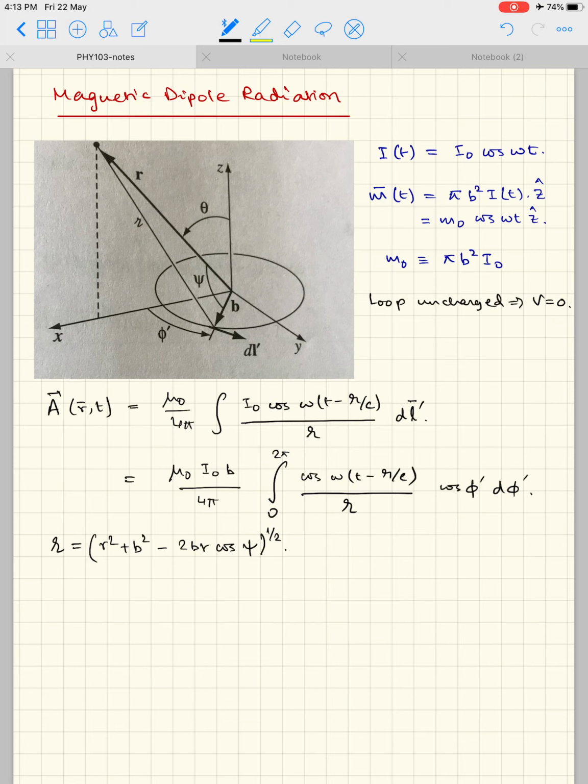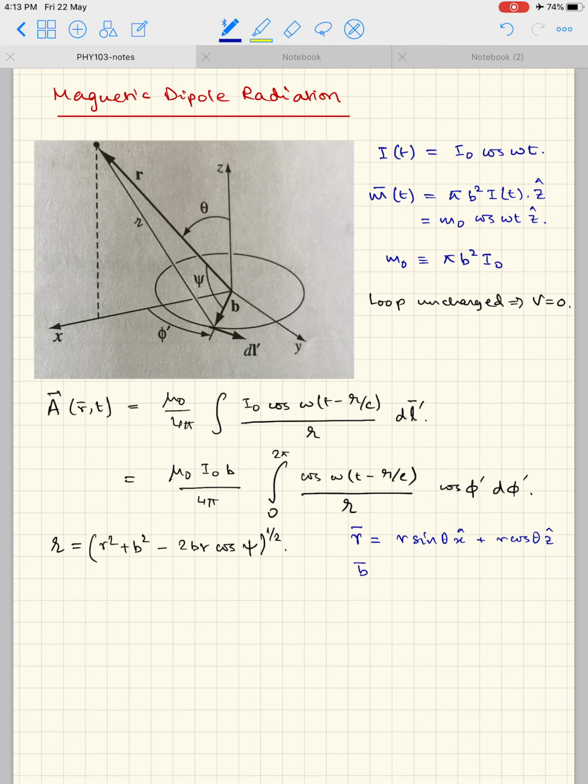Now let's try to write down r and b. So r is r sine theta x cap plus r cos theta z cap. So this is in the xz plane.